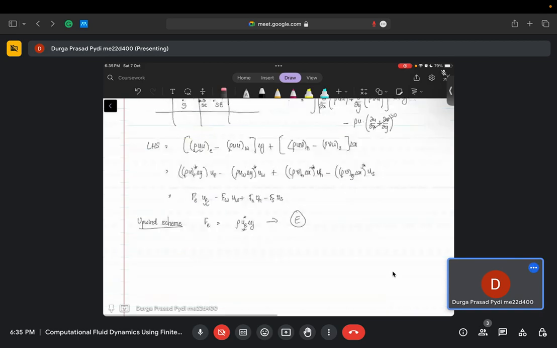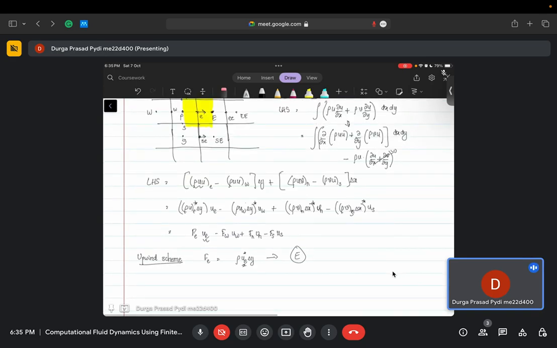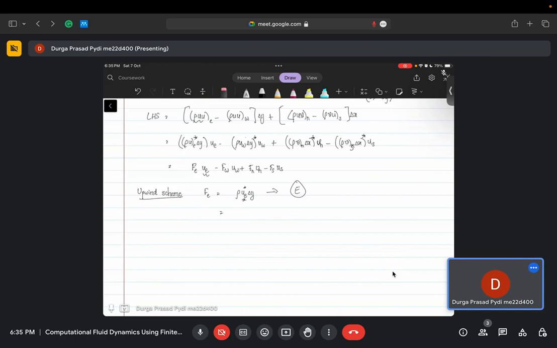This u e star should be calculated at the cell centroid, but we don't have the value calculated at the cell centroid. Instead we are storing all these values only at the face centroids. So now you need to calculate u e star. I am just approximating it as u E star plus u east by 2 times delta y.